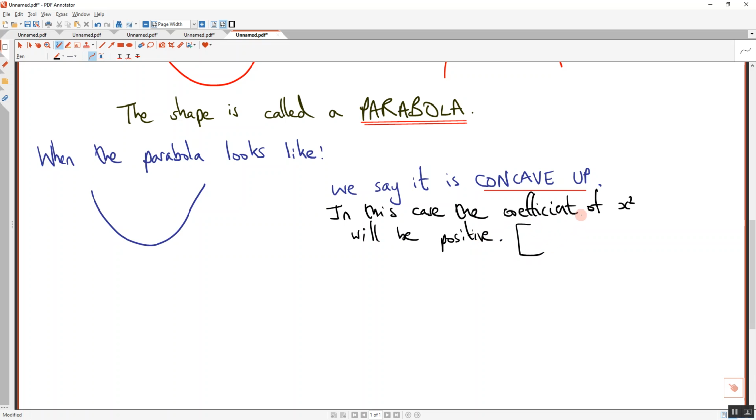What is the coefficient of x squared? A. A is the coefficient of x squared.